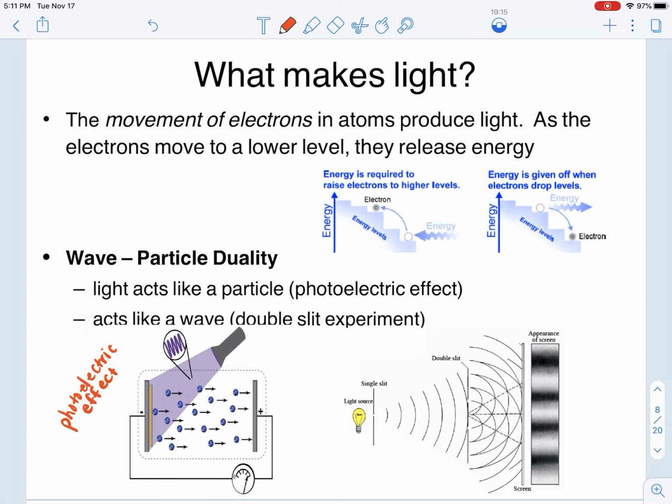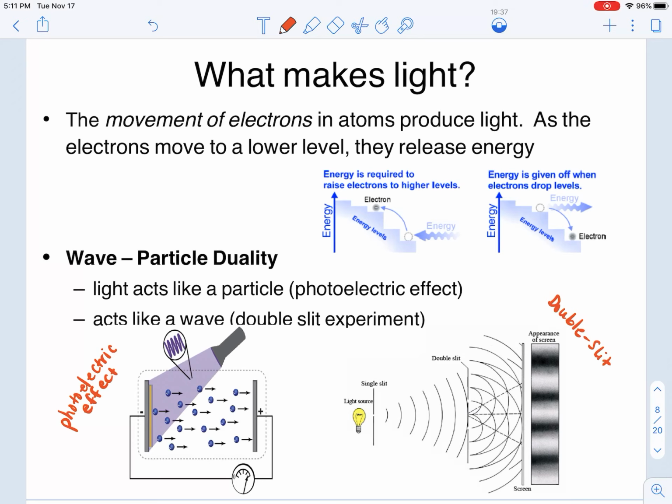But we also have an experiment which is called the double slit experiment. So this picture over here on the right is an image of the double slit experiment, and this is showing us that we actually also have evidence that light behaves like a wave.